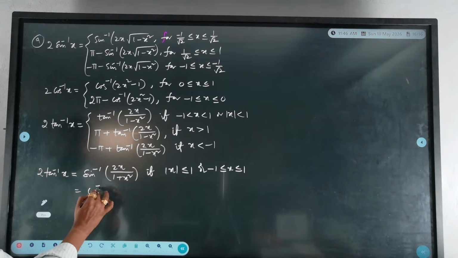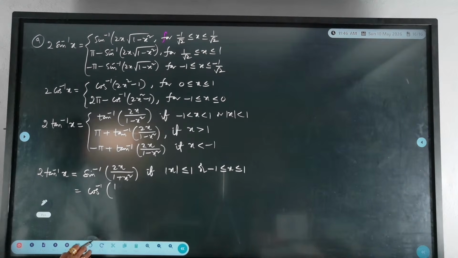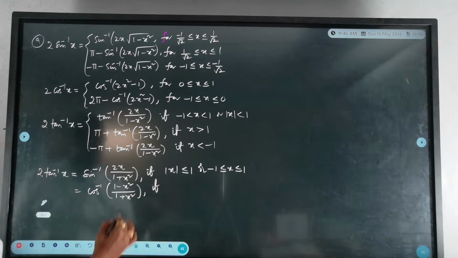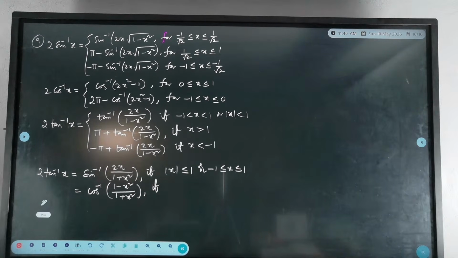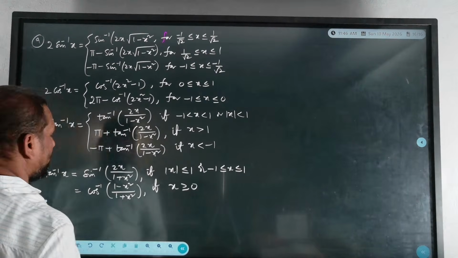This is equal to cos inverse 1 minus x square by 1 plus x square if x greater than or equal to 0.